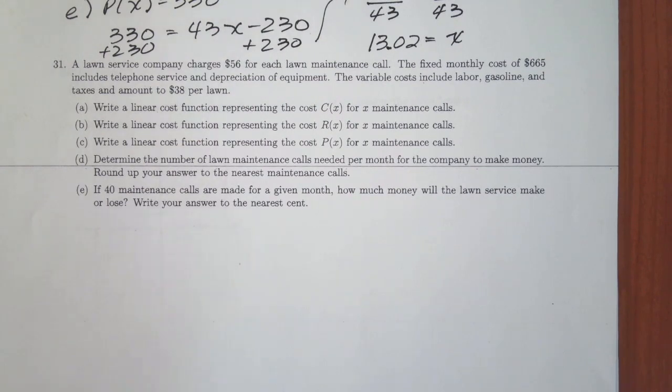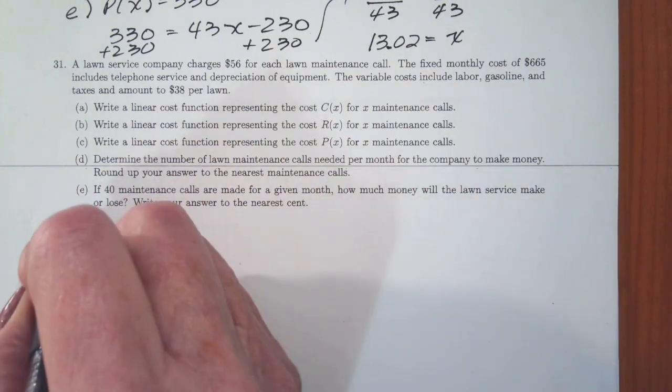Okay, a lawn service company charges $56 for each lawn maintenance call. The fixed monthly cost of $665 includes telephone and depreciation. The variable cost include labor, gasoline, and taxes and amount to $38 per lawn. Okay, so write the cost function.